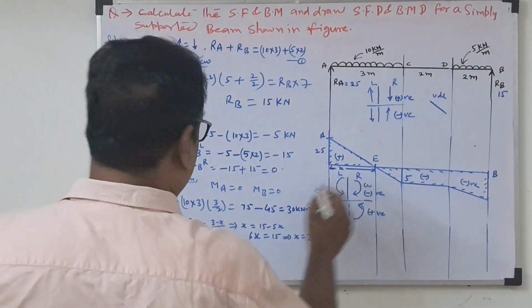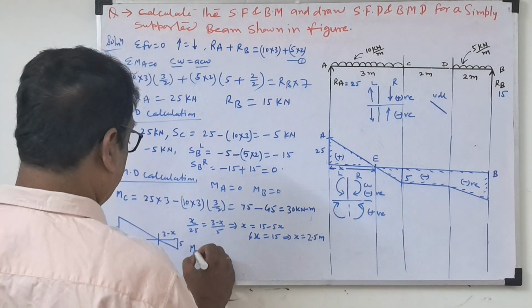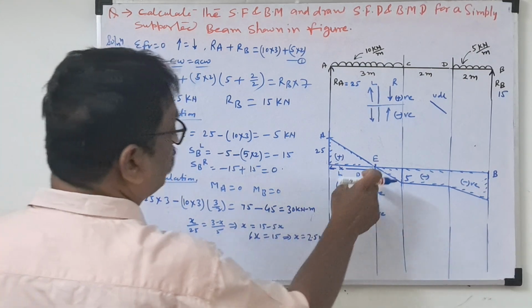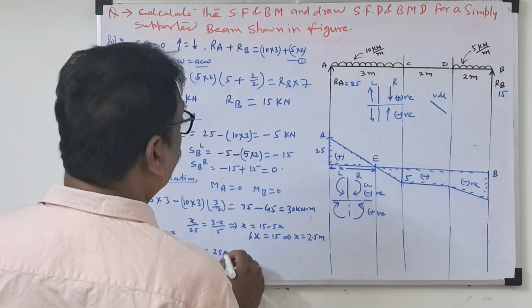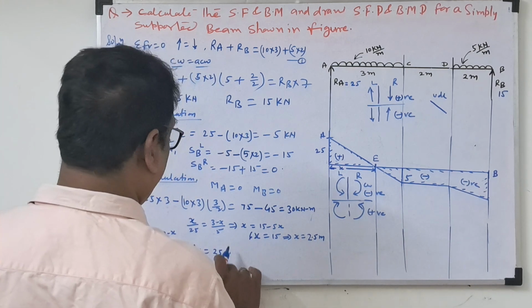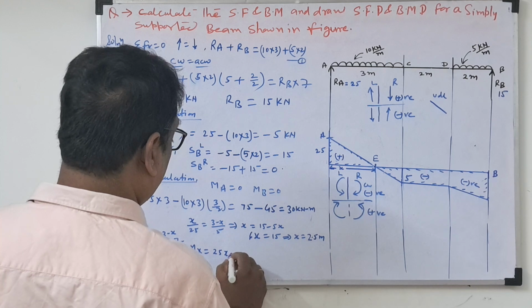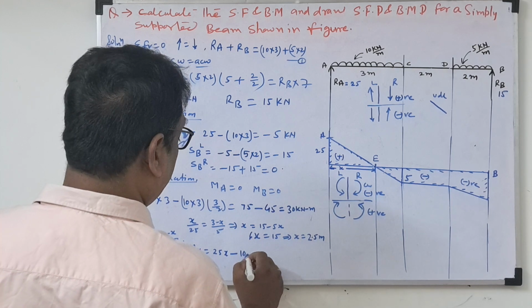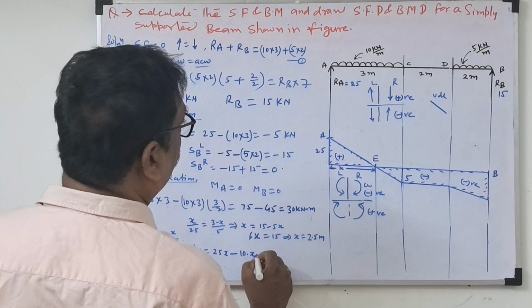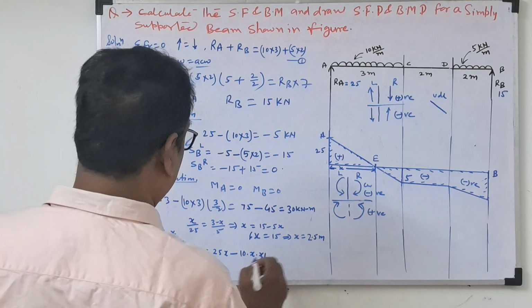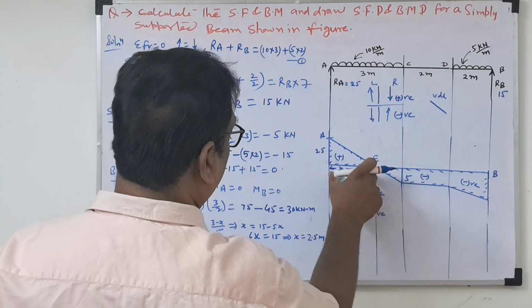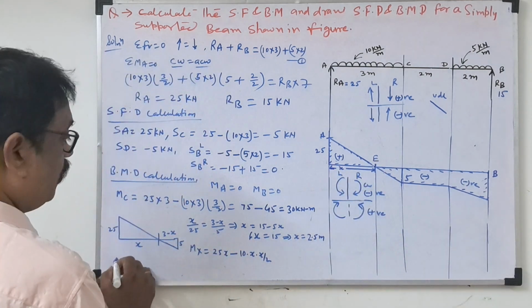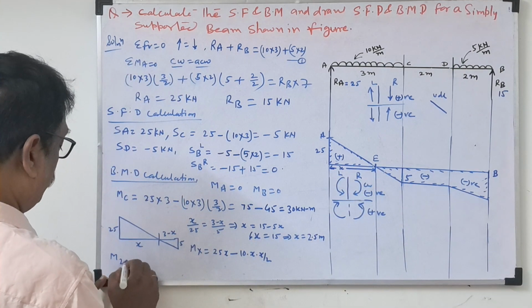So now the Mx value we'll find. What is this Mx value? So Mx equal to 25x minus 10 into x into x by 2. So this is the x. Now if we want, this x equal to 2.5, we will substitute here M 2.5.